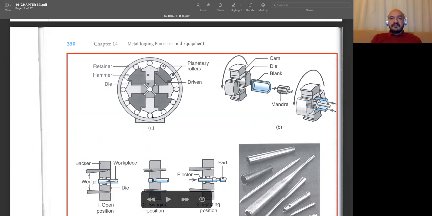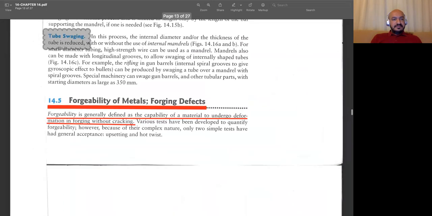We can also do an internal version of it. This is the same principle, but this time we apply the forging forces from the interior of the pipe or tube, and our aim is to increase the diameter of the tube. In the previous case, we were trying to decrease the size of our product.